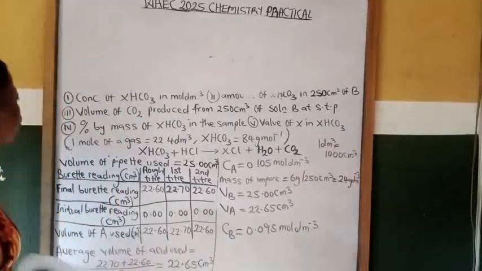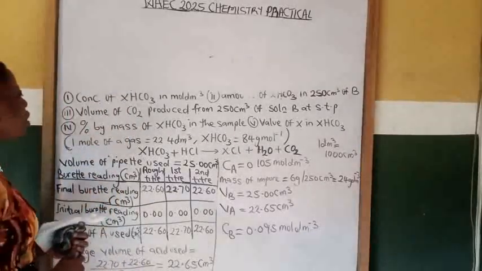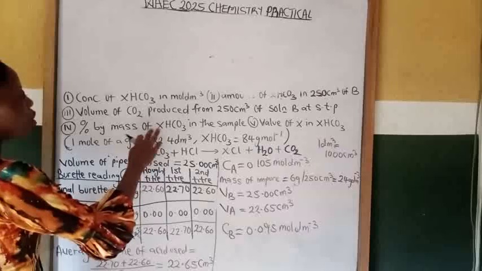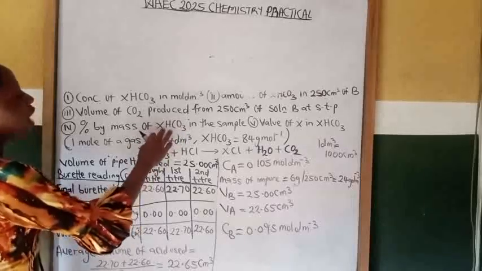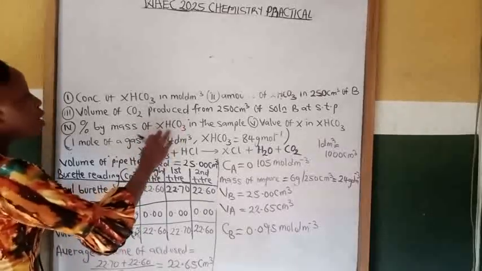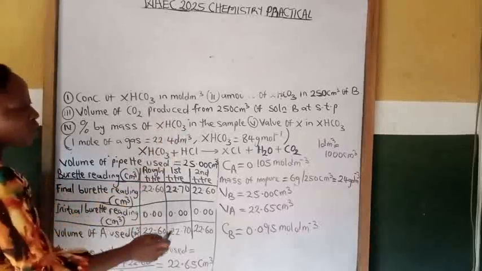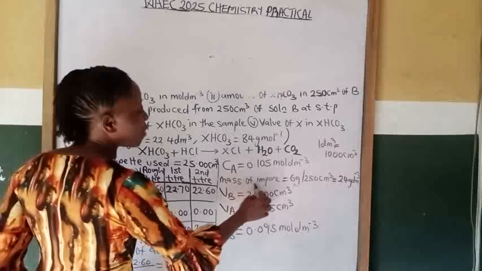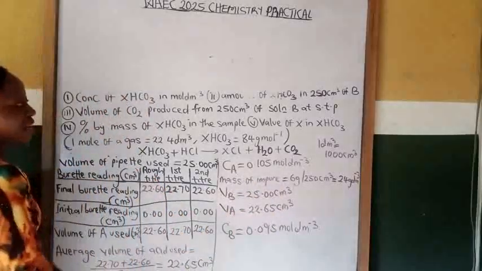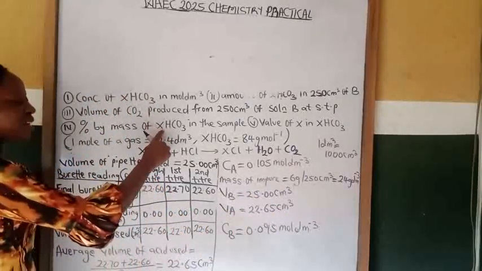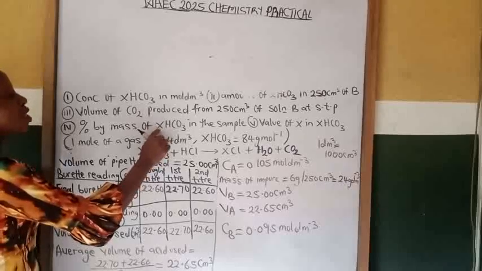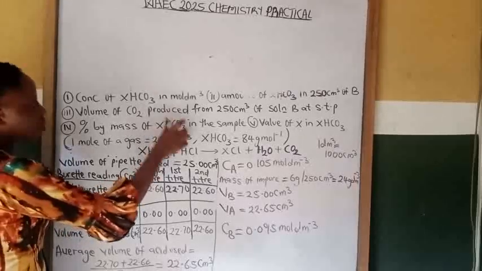Now, to calculate the percentage by mass of XHCO3, you have to look for the mass concentration of XHCO3, because our mass here is the mass of an impure content of XHCO3. So we have to look for the mass of pure XHCO3.